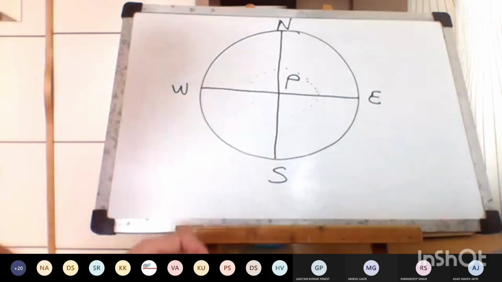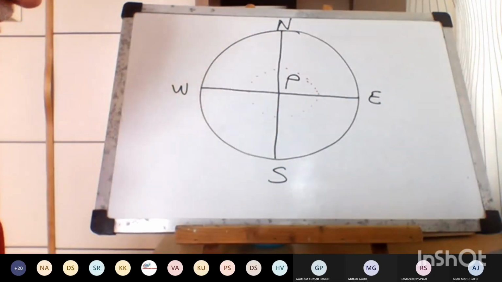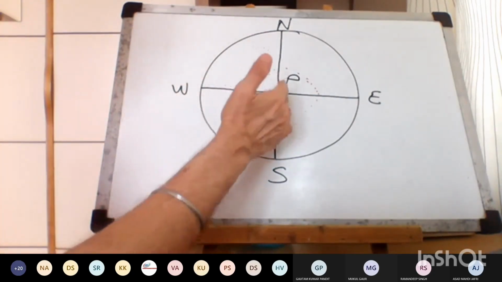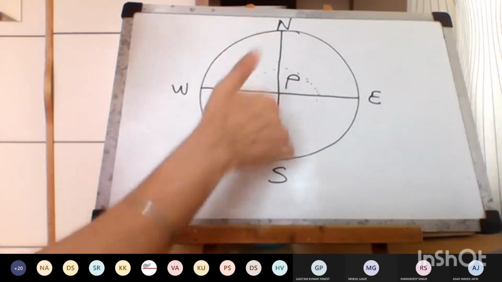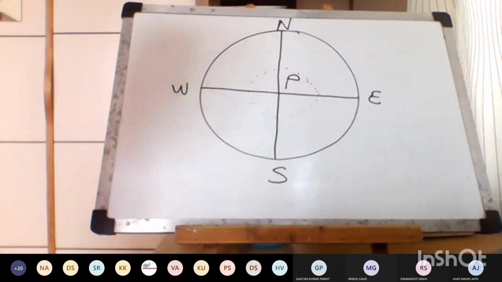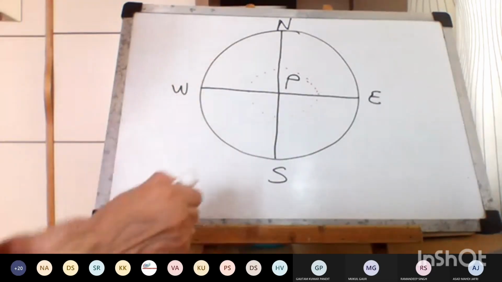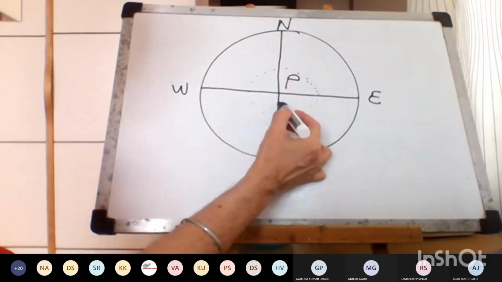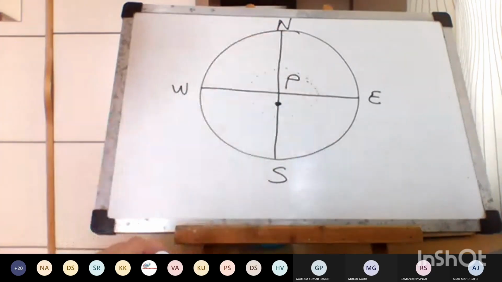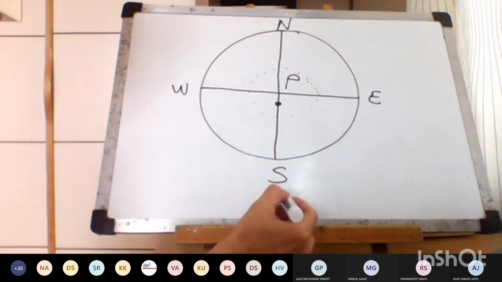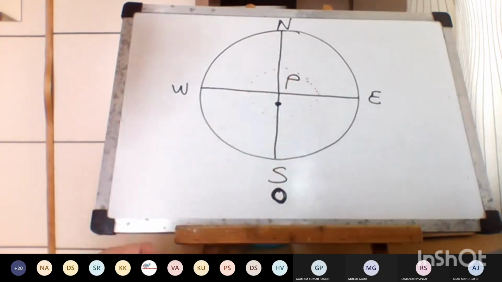And the observer is on the pole, let us say. And this is his main meridian, north and south. Or you can say the observer is somewhere here. The point which I'm trying to make is that this is the observer's meridian. The observer is on this meridian.